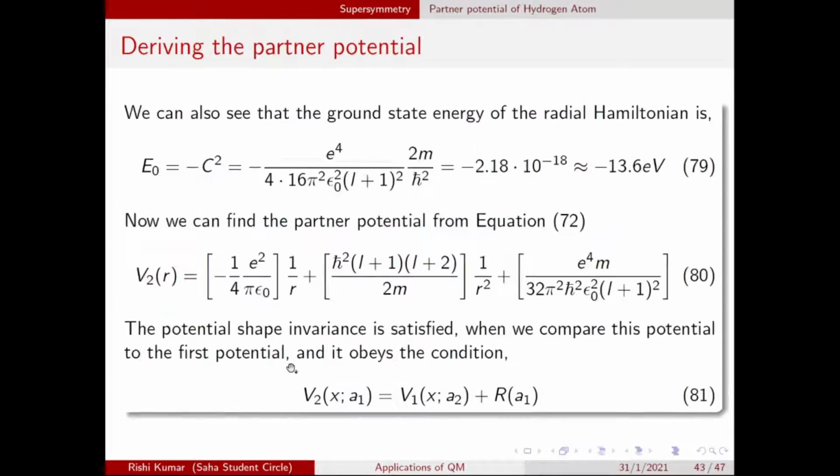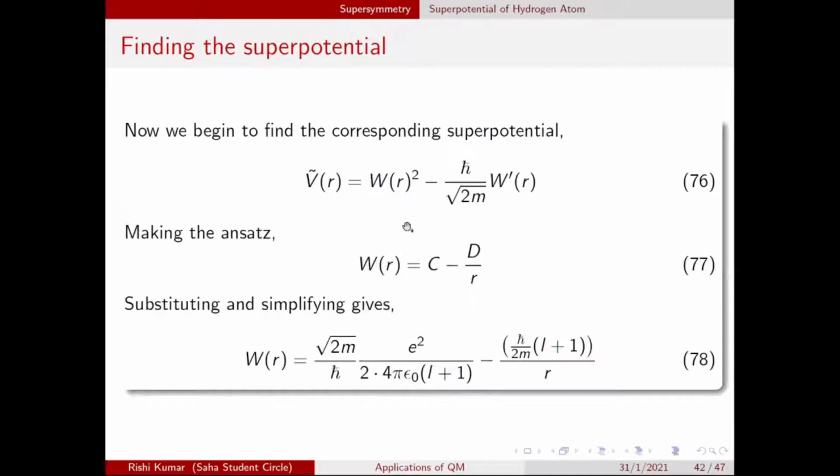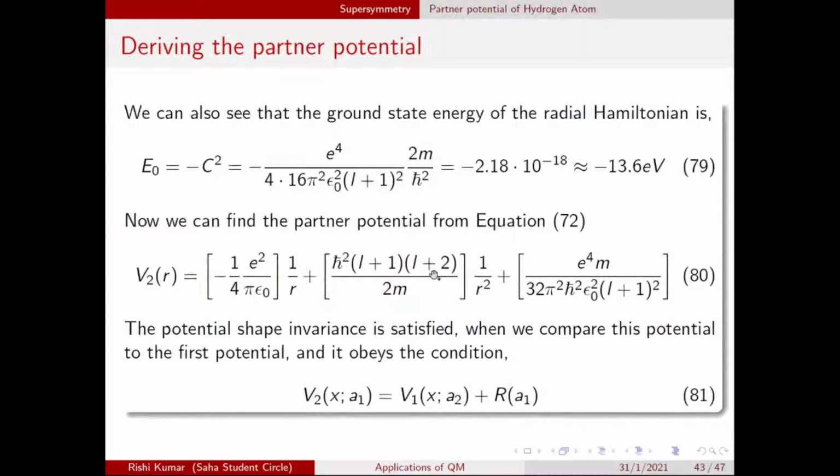Okay, so naturally our next step here is to find our partner potential. But before that, we can see that the ground state energy of the radial Hamiltonian is E naught equals negative c squared. I didn't explicitly give out the value of c here, but you can see that minus c squared is equal to this huge term here.